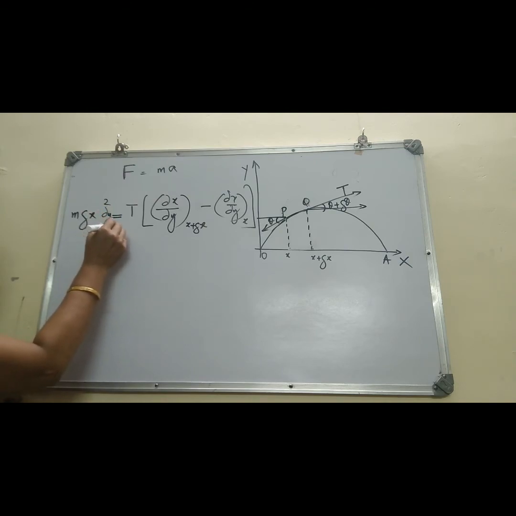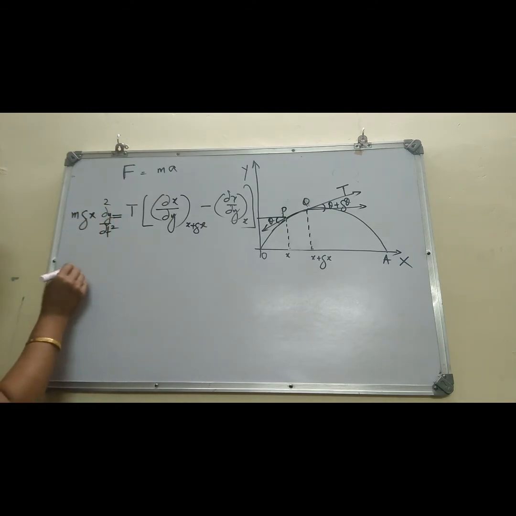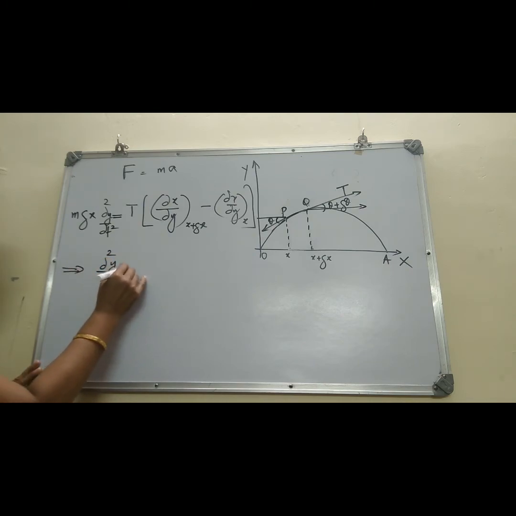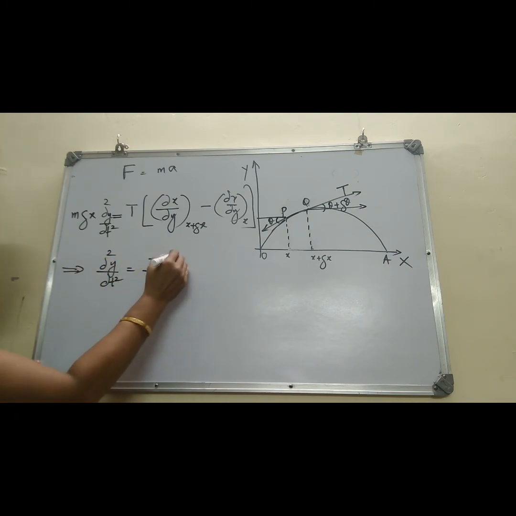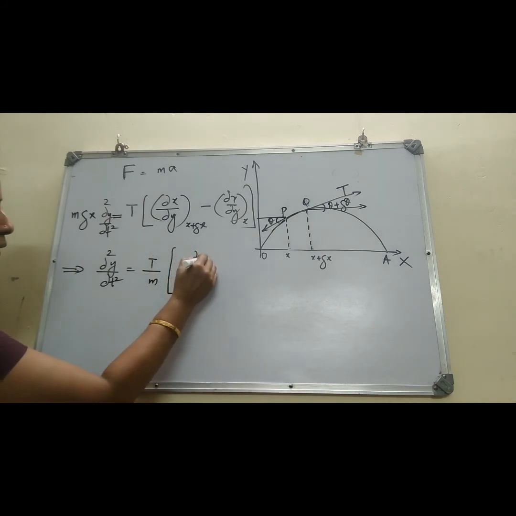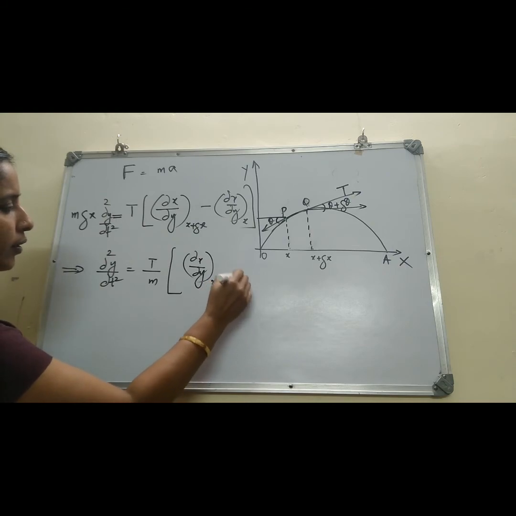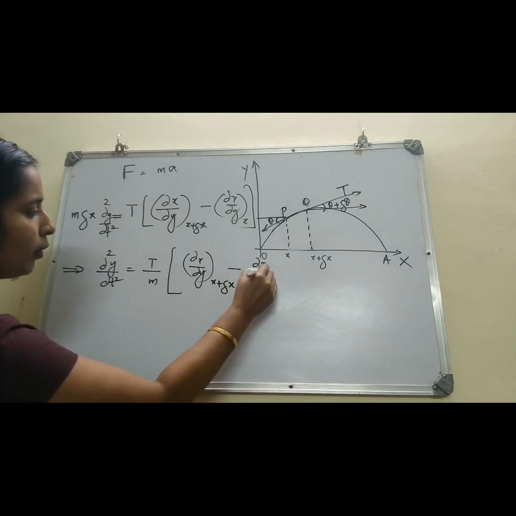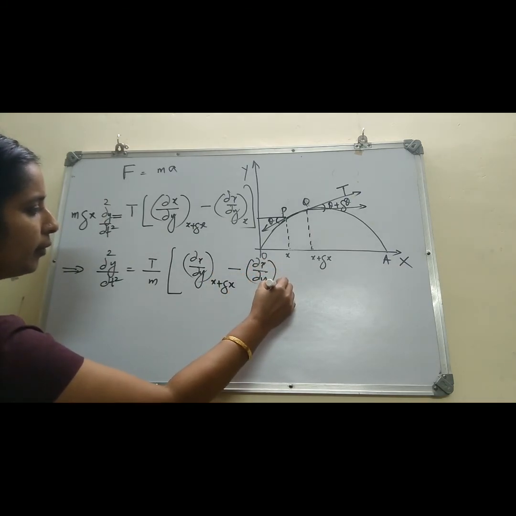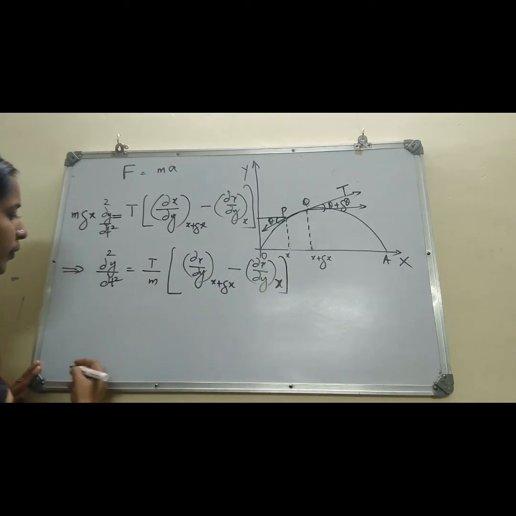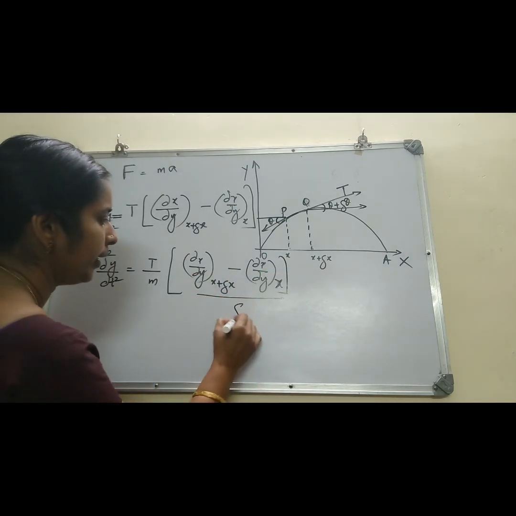Which implies ∂²y/∂t² is equal to T by m times [∂y/∂x at Q minus ∂y/∂x at P] divided by delta x.